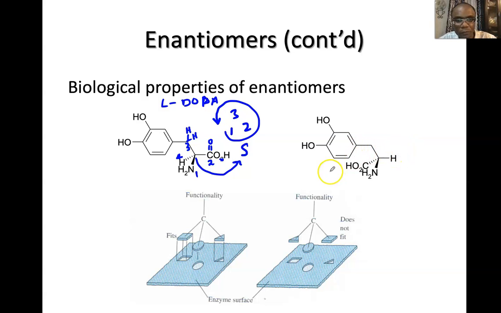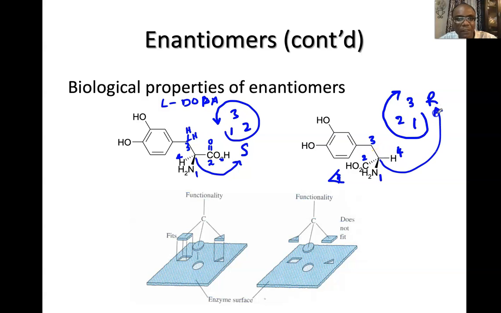Here, our eye should be from this side, because again, hydrogen's on the plane and it's at the back. And then nitrogen will be still 1, this carbon will be 2, this will be 3, so you're going 1, 2, 3. Okay, so the fourth group is at the back already. So here we are going R. So you see the chirality of this carbon is R. There's no internal plane of symmetry.